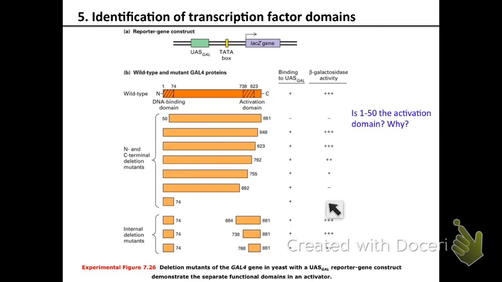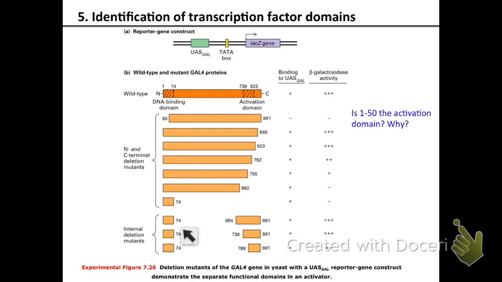It's good, and it's not going to activate because it's lacking that activation domain that I'm guessing is going to be right here, right? Then I can make further internal deletion mutants. Because the DNA binding domain and activation domain are separable, you can sometimes chop off all the regions in between them, and the resulting protein will still be a functional transcription factor, okay?